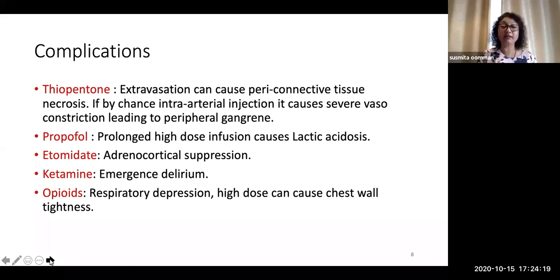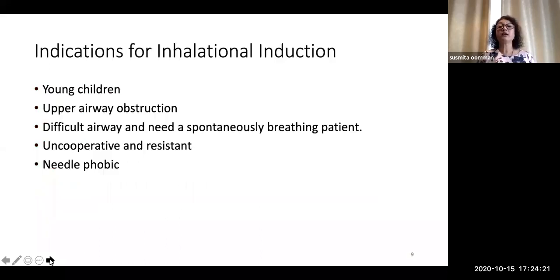For induction, the other agents that we can use are inhalational. As I mentioned, ether was something I started out my anesthetic career with, and now it has moved on to other, much better agents. Where would we prefer to use inhalational induction agents?